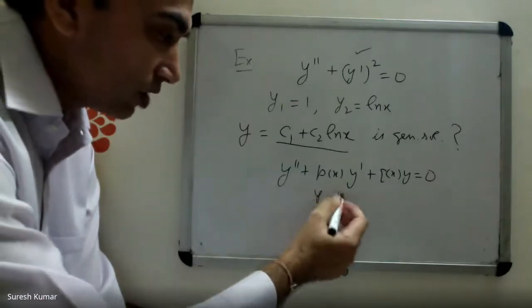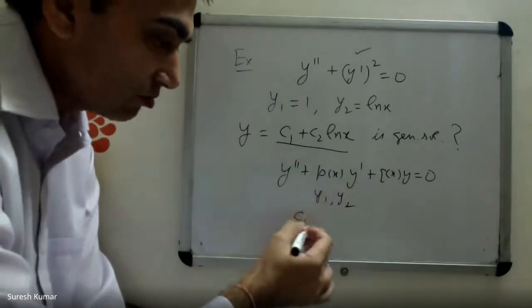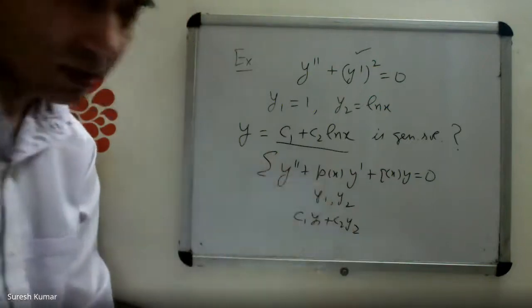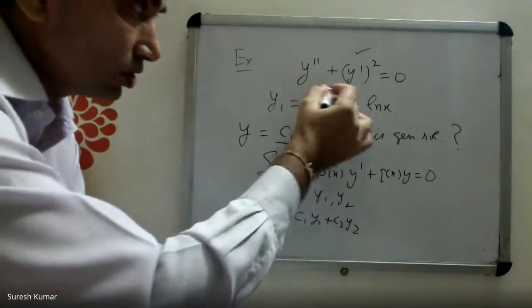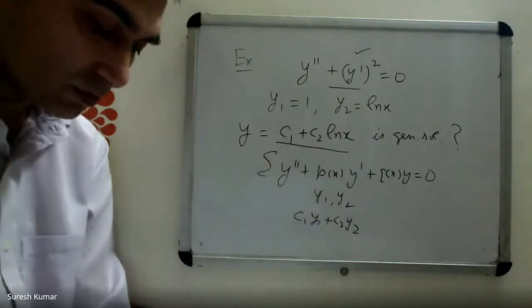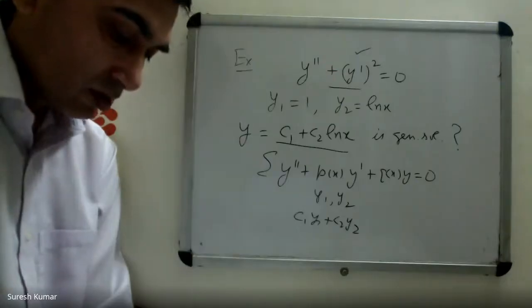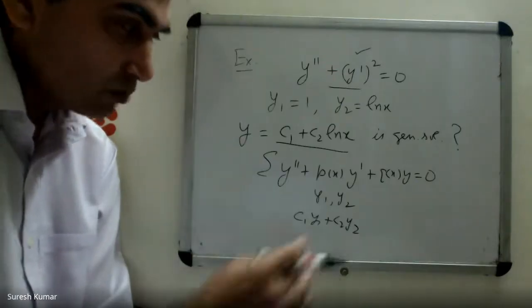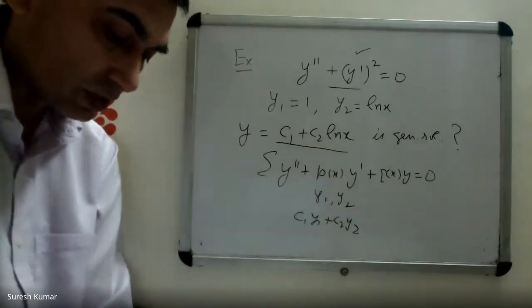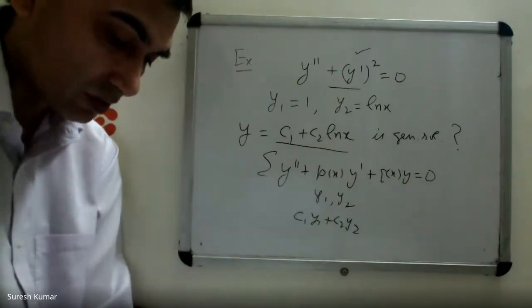If y1, y2 are two particular solutions, then c1 y1 plus c2 y2 is also a solution, but the equation must be linear. This equation is not linear. That's why it cannot be the general solution. The main point is that this result is not true for non-linear differential equations. This is the message from this problem.